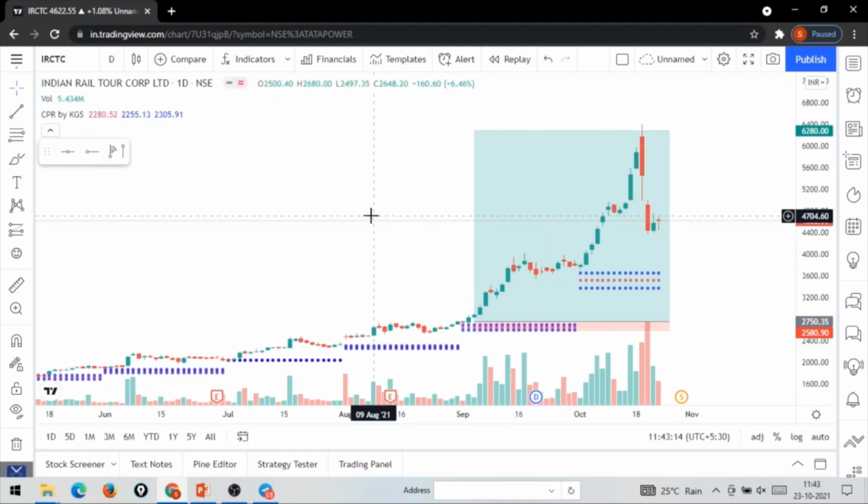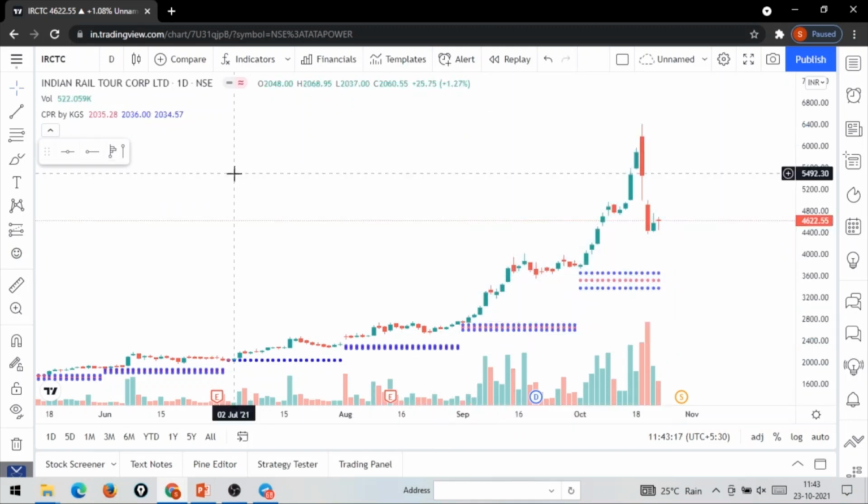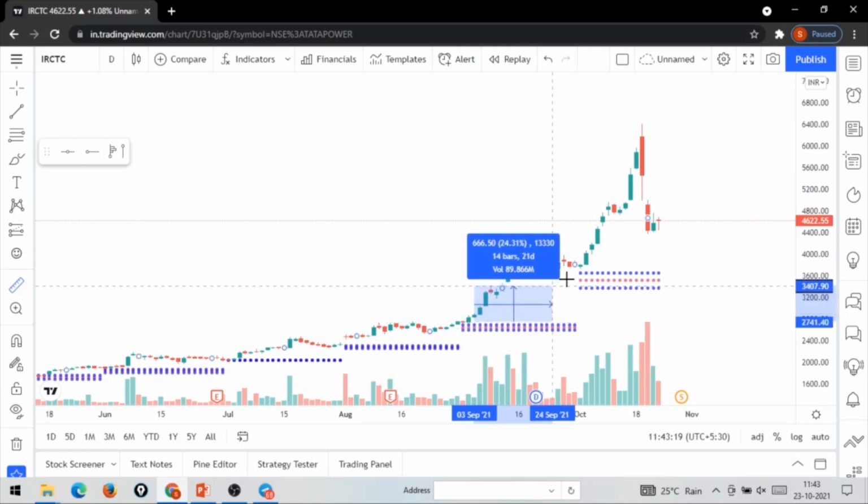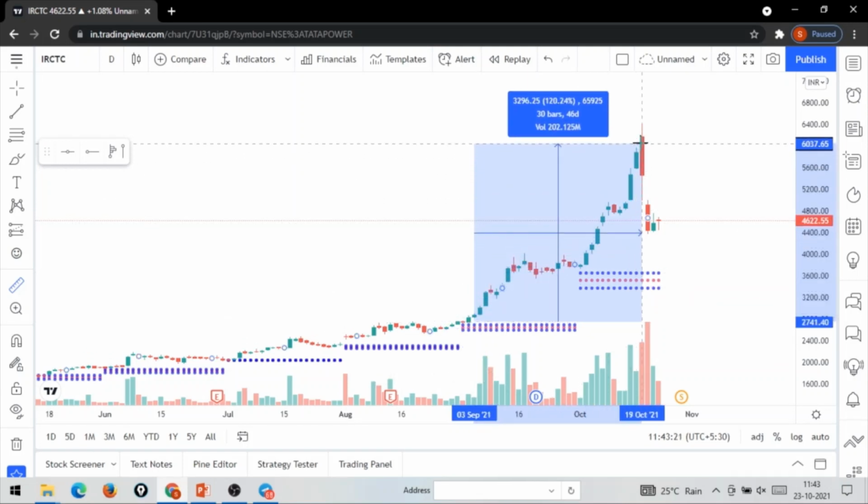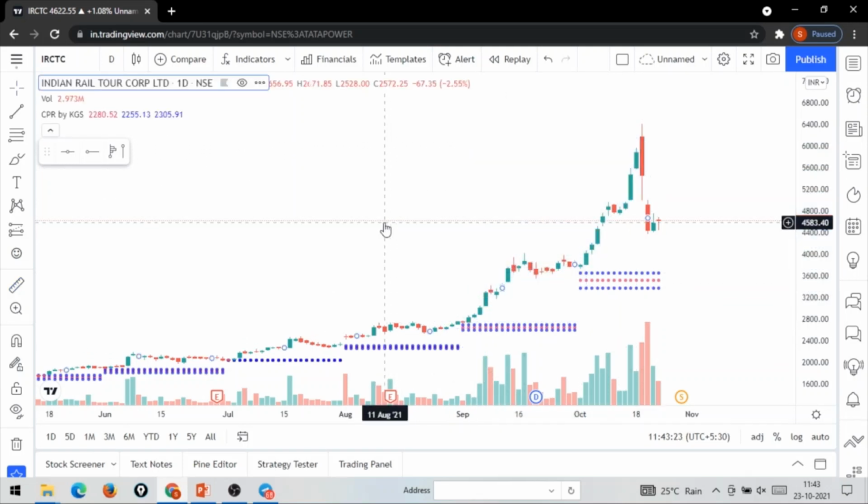That is 128% in just 1 month, in 41 trading days.